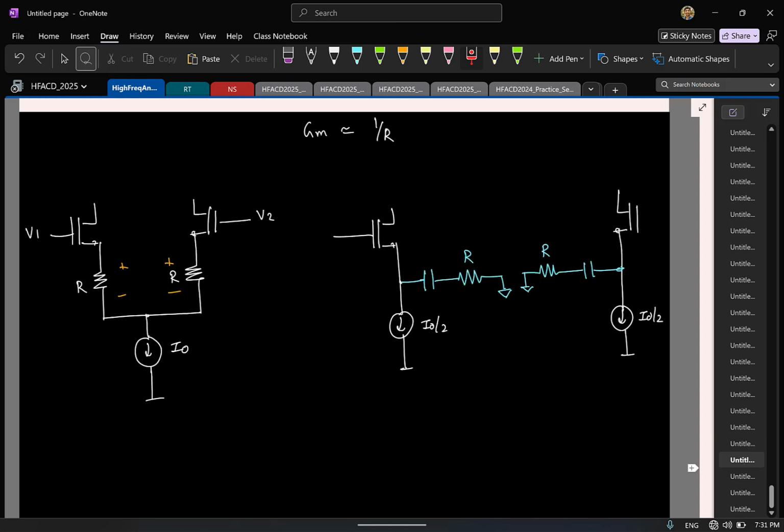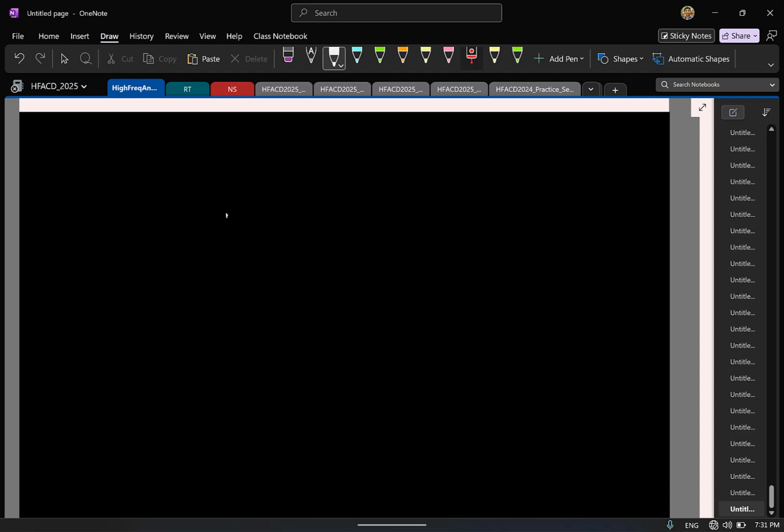Anytime you come up with something new, you give it a name, and this is called source degeneration. Maybe you have heard this in different contexts, but yeah. And this entire principle we saw is based on this observation, that if I have something here, the voltage I have here is Gm times R by 1 plus Gm times R.